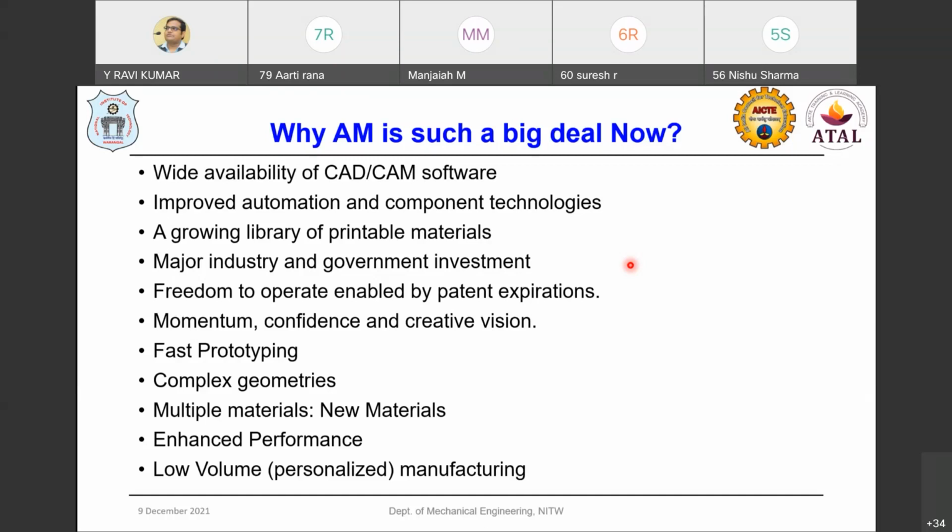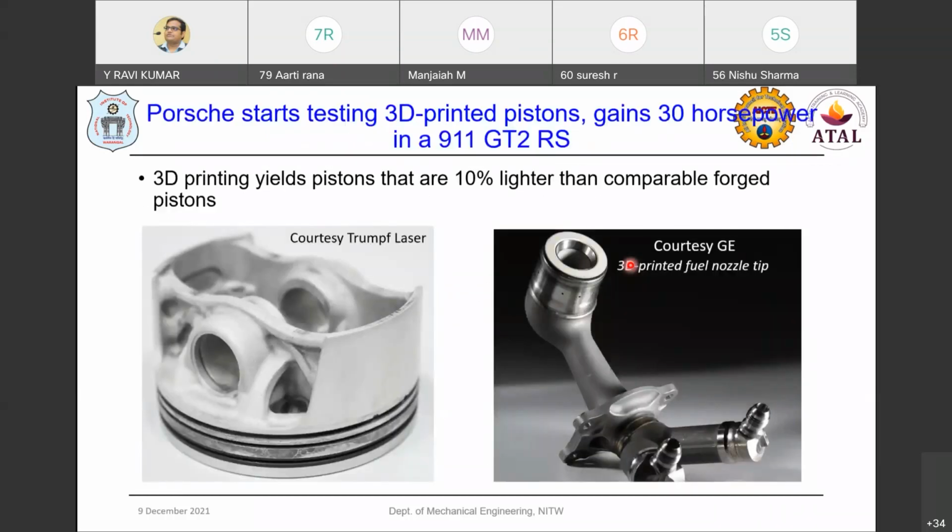That's why AM is a very big deal in metal manufacturing, with respect to the components we are going to manufacture.